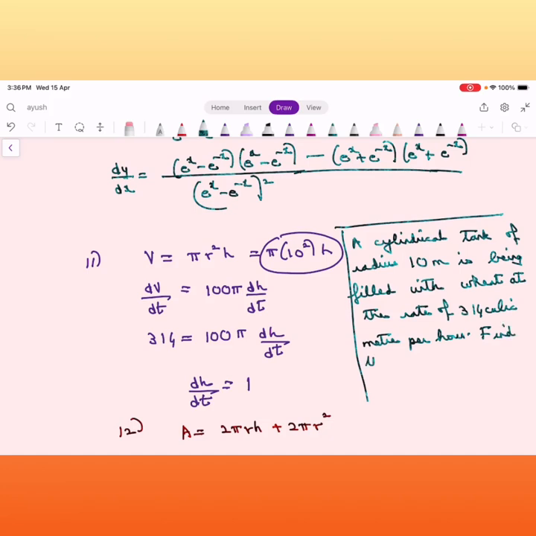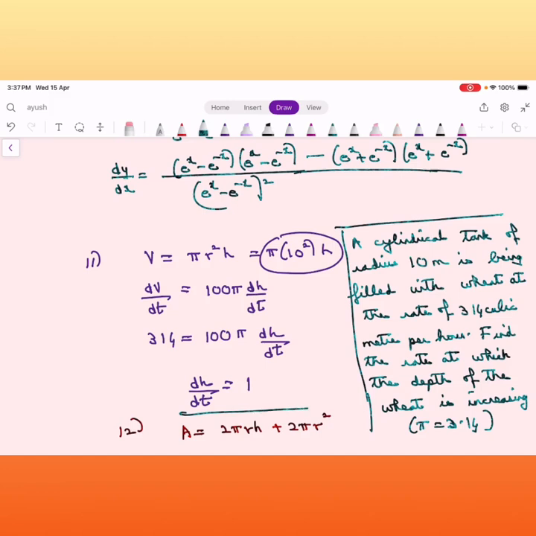Find the rate at which the depth of the wheat is increasing. So we take pi as 3.14 in this case.